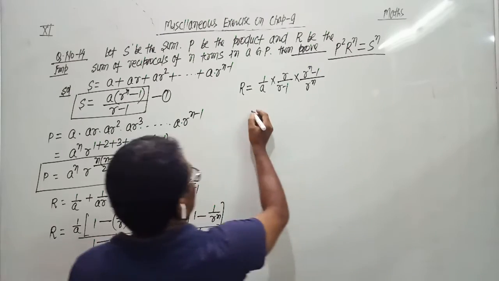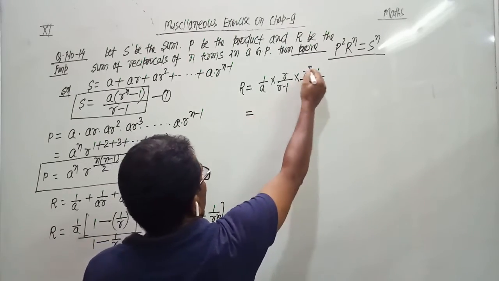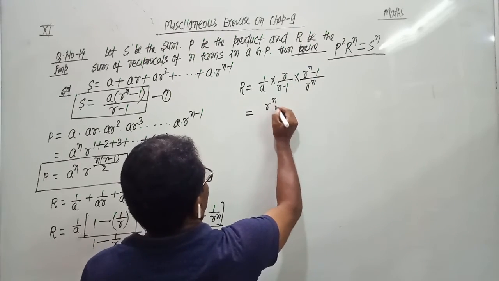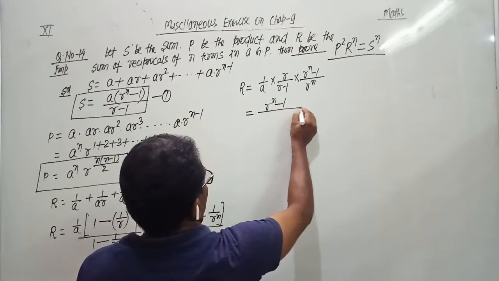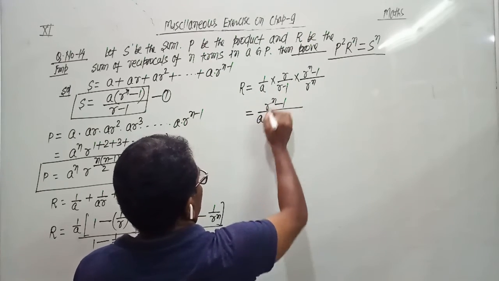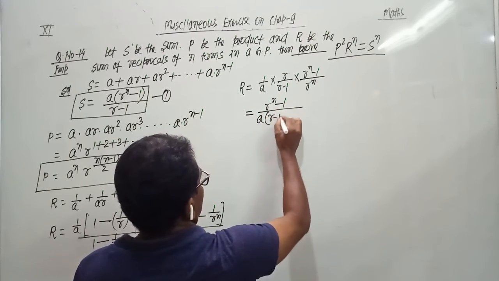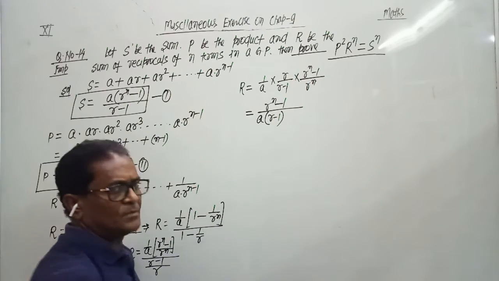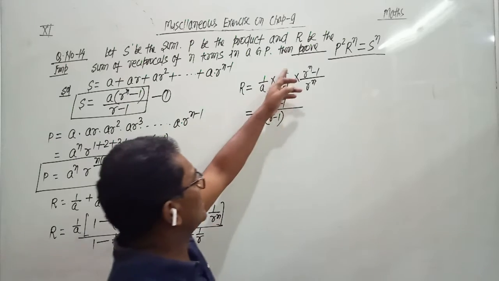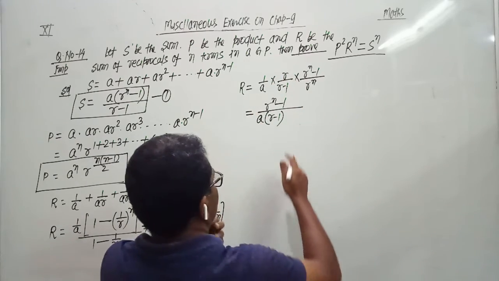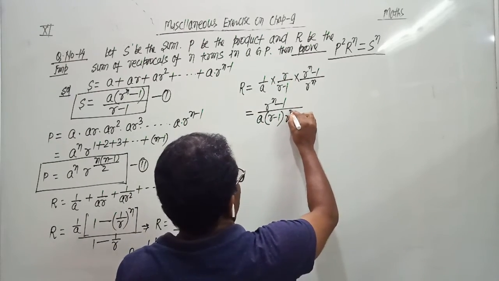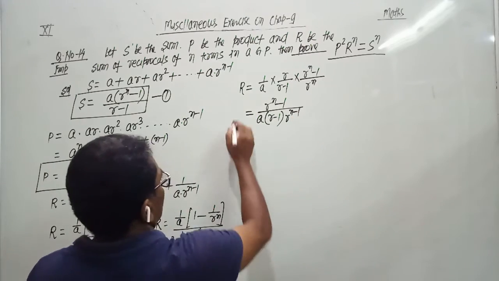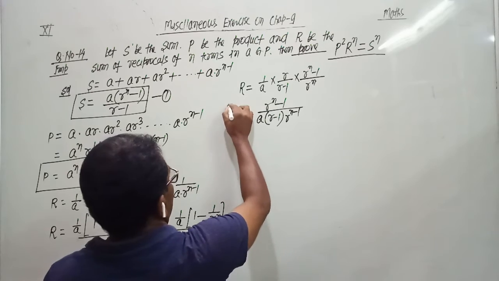So we can write R raised to the power n minus 1 upon A into R minus 1, and this is R raised to the power n, and here R raised to the power 1. This power comes at the place of denominator and it becomes R raised to the power n minus 1. So this is the value of R.